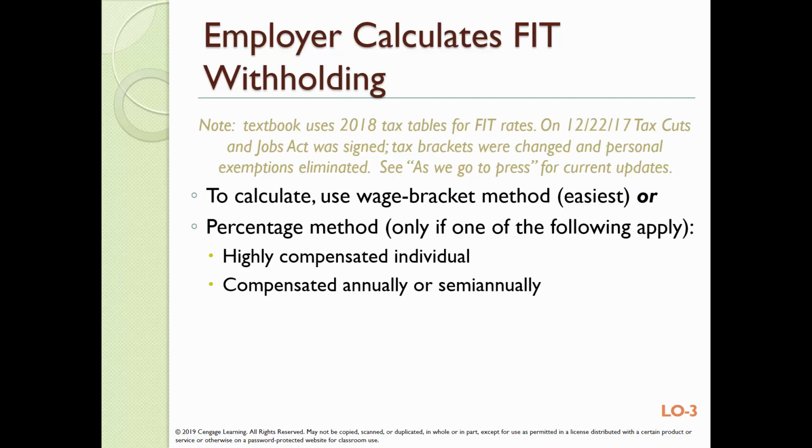T-5 is if you're weekly and single. T-6, you're weekly and married. T-7, I'm paid bi-weekly and I'm single. T-8, bi-weekly and married, etc. Those are super straightforward to use, so that's always the first place you go.